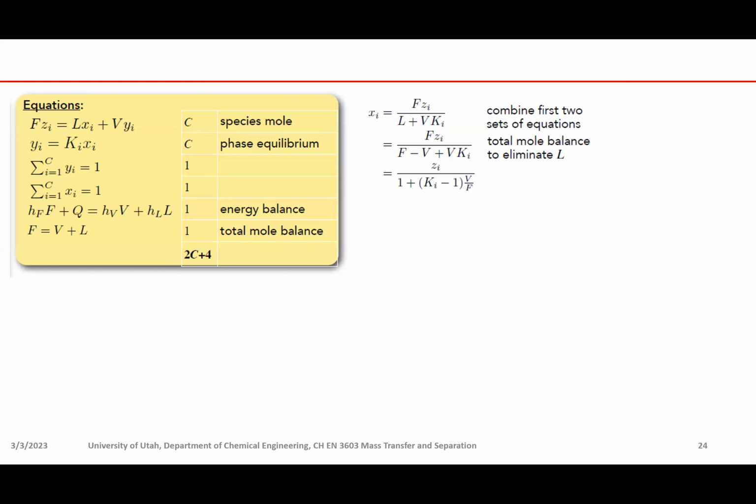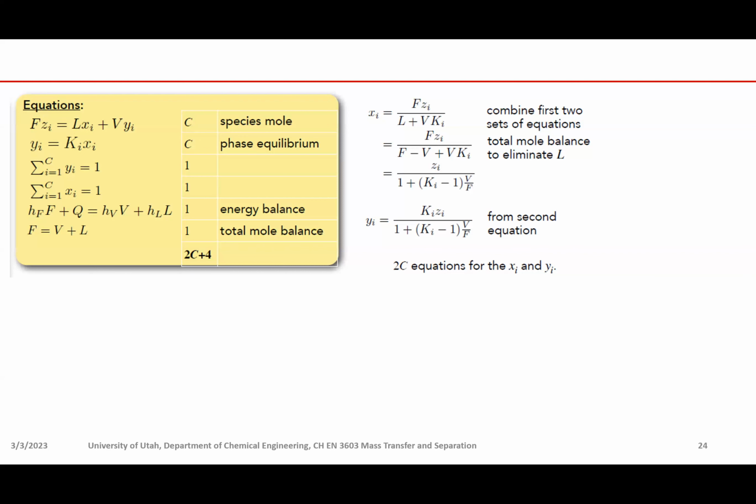Divide F on both the numerator and denominator, and you will have Xi equals this. Now you see Xi is only a function of Zi, Ki, and this is the mole fraction of vaporization, right? Which is something we can control. Similarly, you can just use this equation, Yi is Ki multiplied by Xi, you get this.